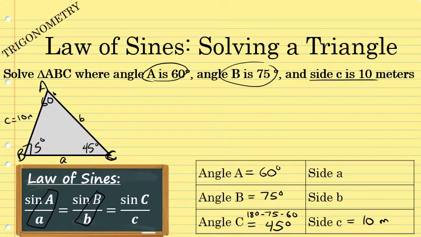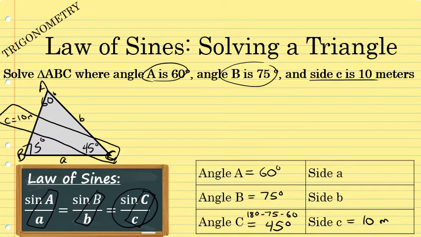So to start with the law of sines, I need to know angle A and side A, angle B and side B, or angle C and side C. Based on the work that I've done so far, you can see that I know angle C and side C, and that's actually the only pair of angle and side that I know. I don't know side A and I don't know side B. But the fact that I know angle C and side C is enough for me to get started, and that's what I'm going to use to find side A and side B.